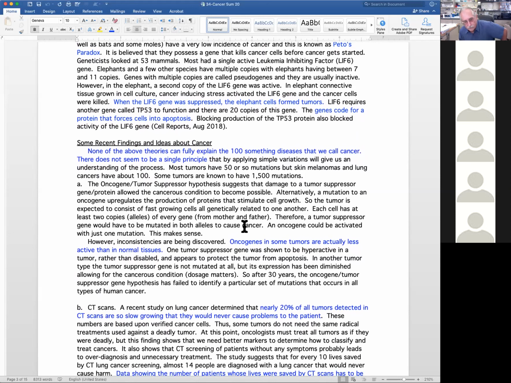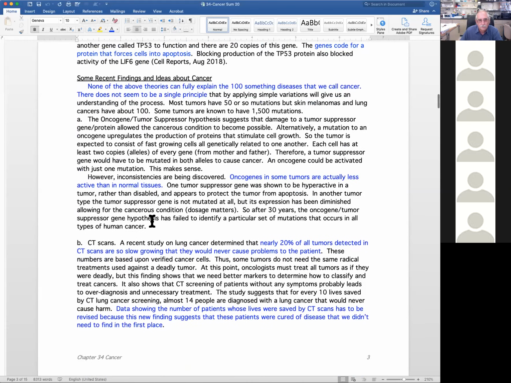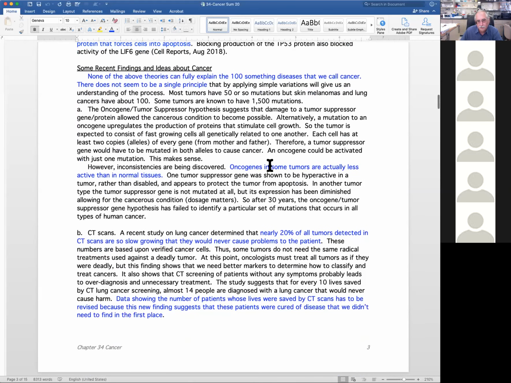So what I'm going to do is just go through some of the recent findings. For example, oncogenes in some tumors are actually less active than in normal tissues. It's like, what? So after 30 years, the oncogene tumor suppressor gene hypothesis failed. Doesn't make sense.